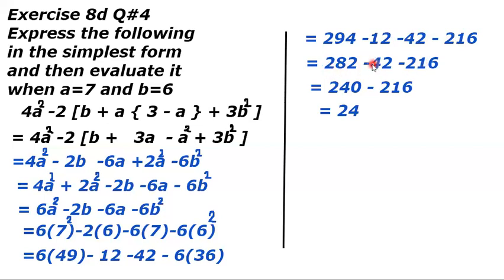Now we will subtract 42 from 282. It will give us 240, and this negative 216 will come down. Now subtract 216 from 240. It will give us 24.